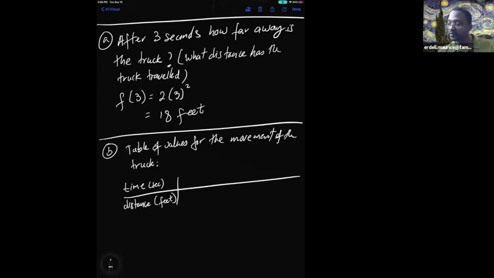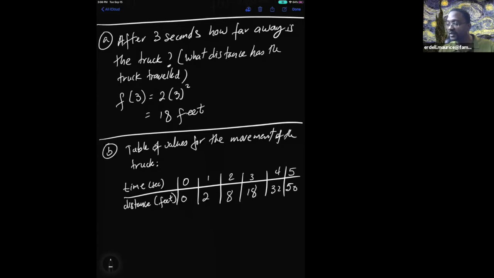After 0 time, I'll have moved 0 feet. After 1 second, I'll have moved 2 feet. After 2 seconds, 8 feet. After 3 seconds, 18 feet. After 4 seconds, 32 feet. And after 5 seconds, 50 feet.